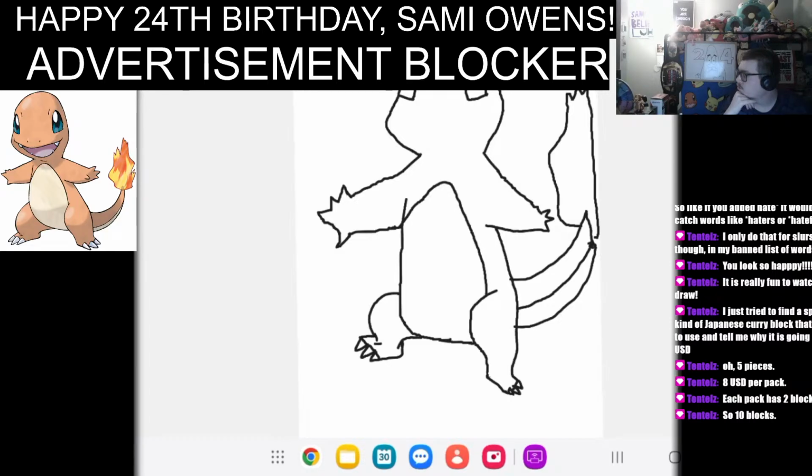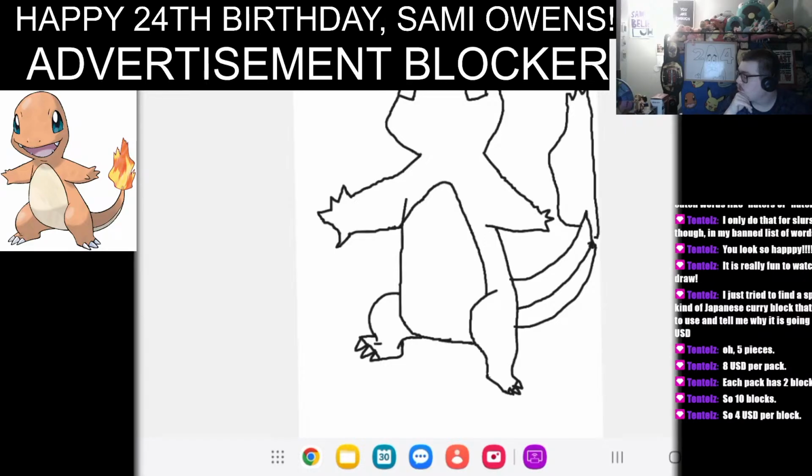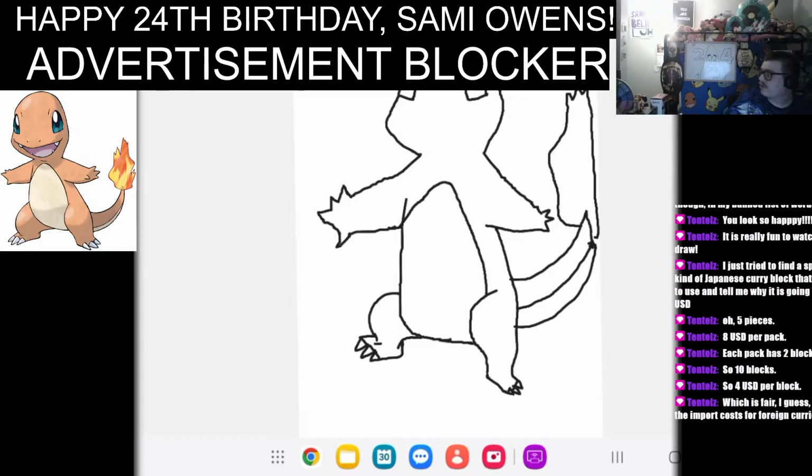Each pack is 2 blocks, so 10 blocks. So 4 USD per block. Well, I don't know how big these blocks are. Which is fair, I guess, given the import cost for foreign curries.